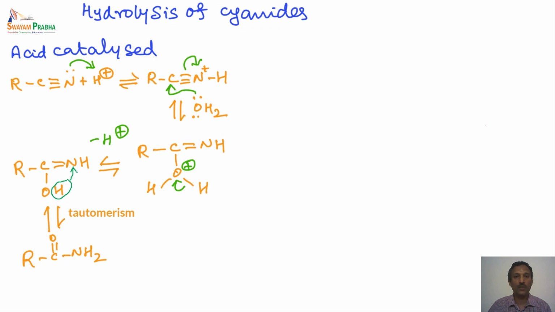This is a tautomerizing reaction. Simply, the nitrogen's bond shifts towards this oxygen. So this proton is shifted to the nitrogen and the bonded electrons are shifted to the bond between carbon and oxygen. So what we end up with is an amide unit. This is how the cyanide is first hydrolyzed to the corresponding amide.